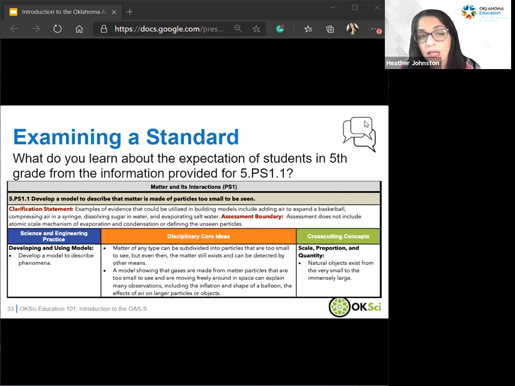If you just take a moment and read this 5th grade standard on physical science, what do you learn about this expectation from the information provided? So what kind of pieces of information can you gather from this standard? Go ahead and type your answers into the chat box if you don't mind, or feel free to unmute if you'd prefer.